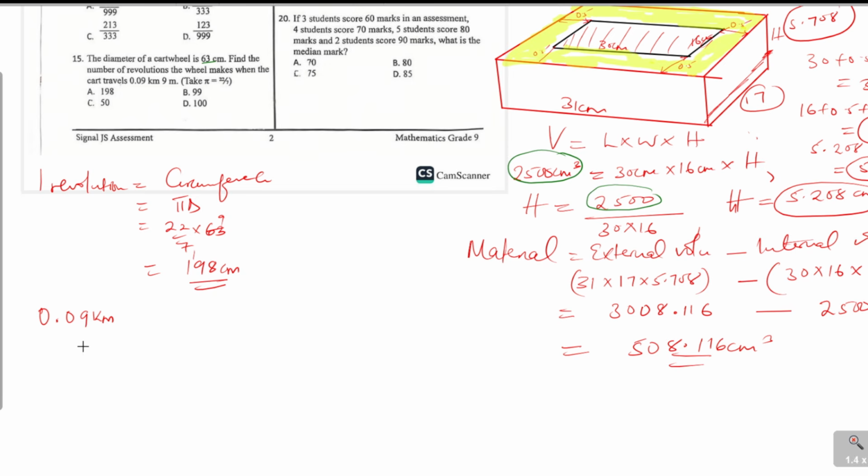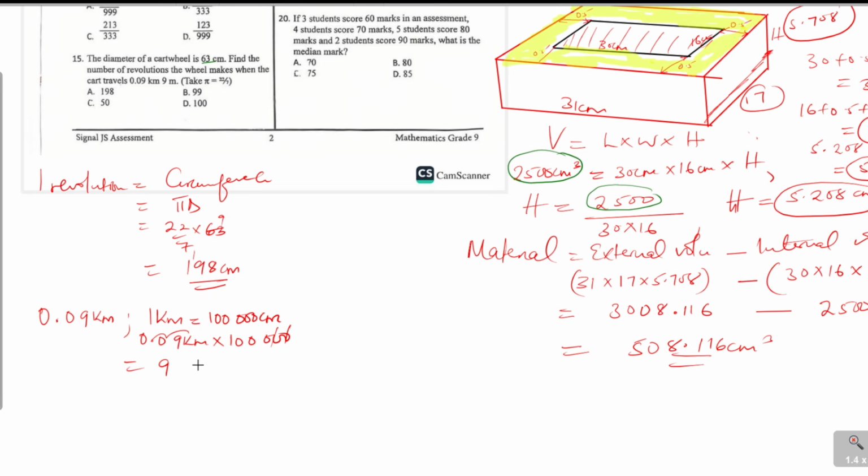How many centimeters make one kilometer? 1 kilometer is equivalent to 100,000 centimeters. So what about 0.09 kilometers? You simply multiply that by 100,000, and this will give 9,000.